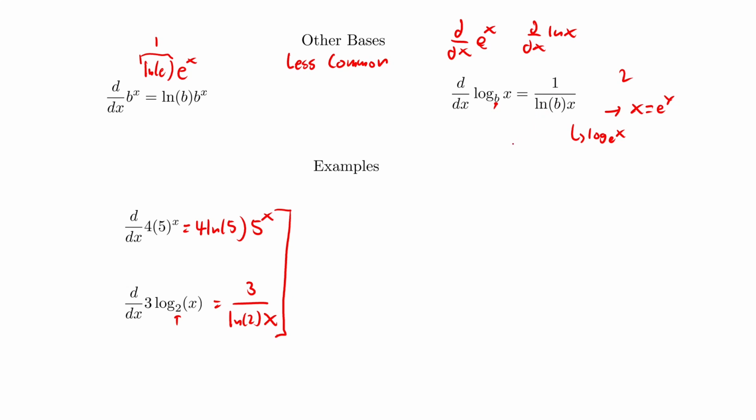And it actually demonstrates that we prefer to use the natural log and the natural exponential function. So it almost becomes unnecessary to use other bases once we have e to the x. But again, this rule does allow us to take derivatives with other bases.